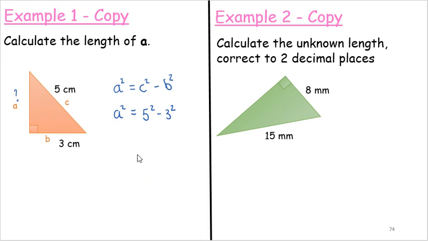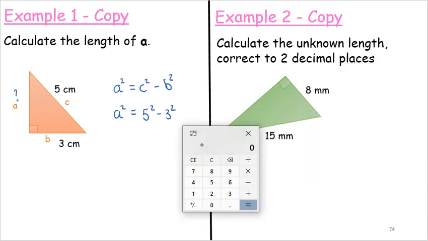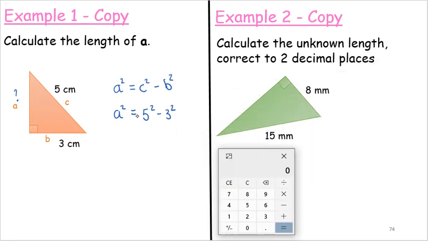So from there, similar to what you've done before, you'll reach for your calculator. In your calculator, all you need to do is type exactly what you see there. So we can do 5 squared. I'll just change this to scientific mode.